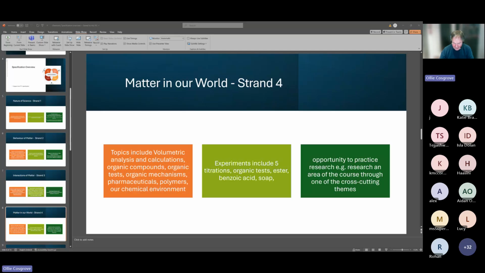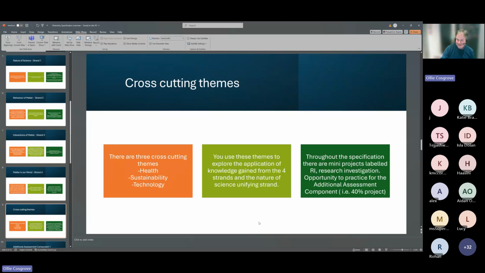So we'll go back to our little PowerPoint again. Now I had mentioned cross-cutting themes, and they're health, sustainability, and technology. And as I said earlier, you use these themes to explore the application of knowledge gained from the four strands. So that's where that's coming from, and also the unifying strand.